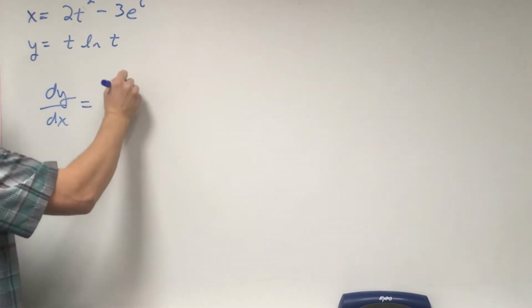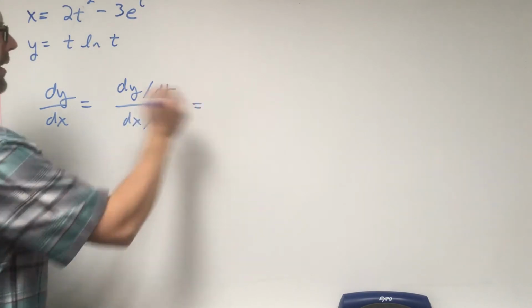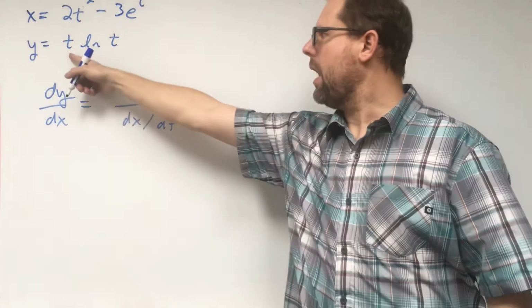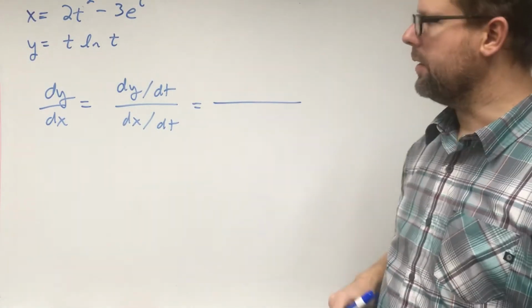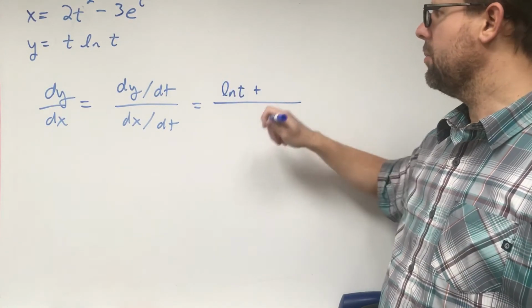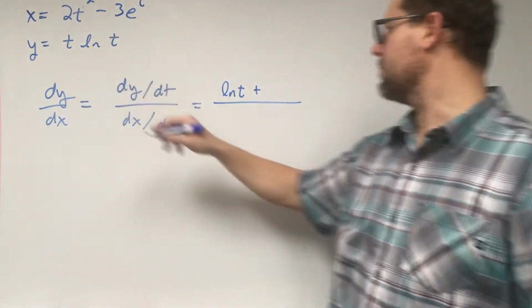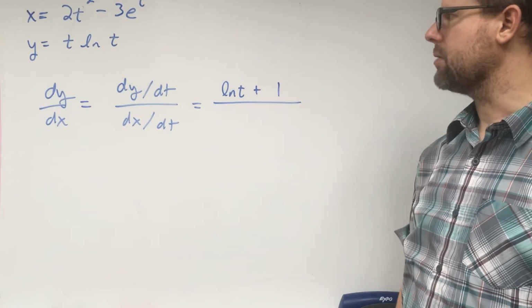And so that's going to be dy/dt divided by dx/dt. So dy/dt requires product rule, and therefore on top we're going to have natural log of t plus t times the derivative of natural log of t. So natural log of t plus 1.